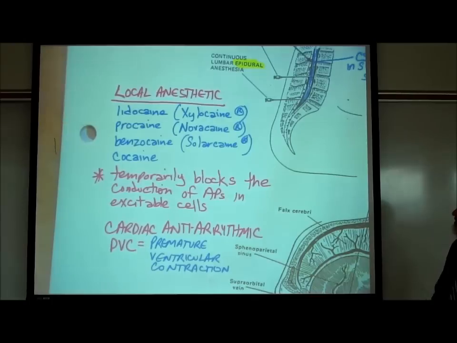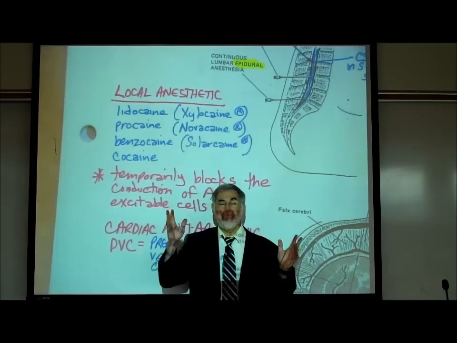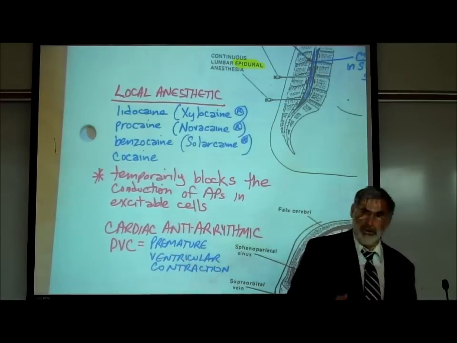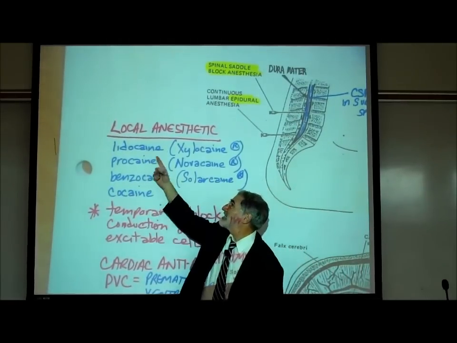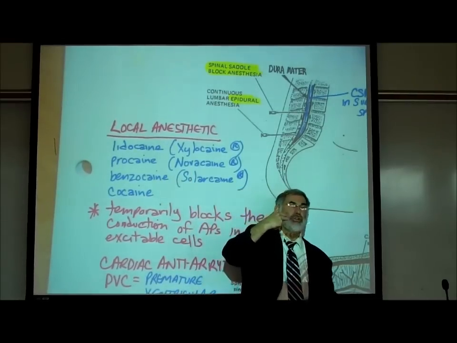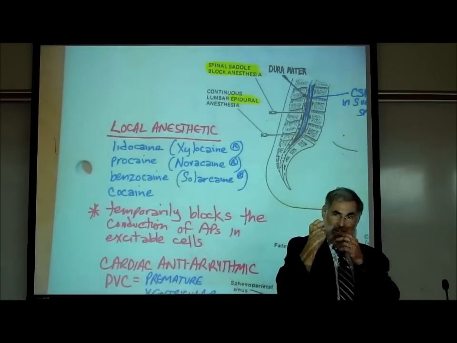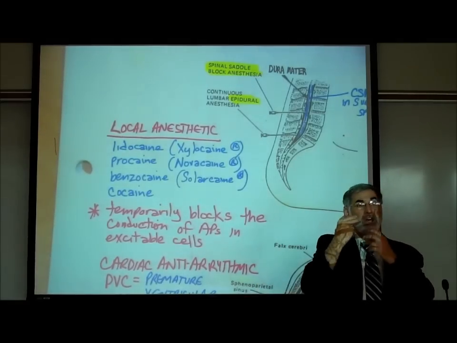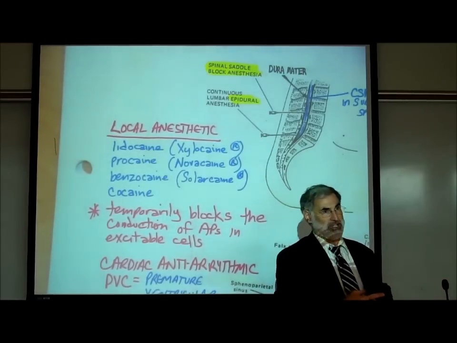So, in fact, when you mention lidocaine to somebody who works in dentistry or dental hygiene, they will say, oh, lidocaine, that's a local anesthetic we use to block the conduction of action potentials in peripheral nerves in the face to reduce sensation for dental procedures.